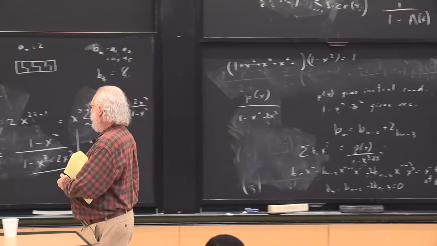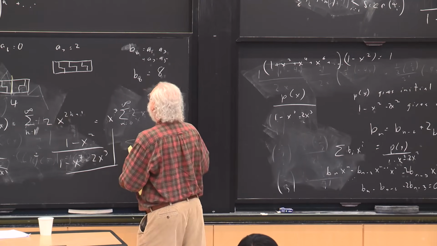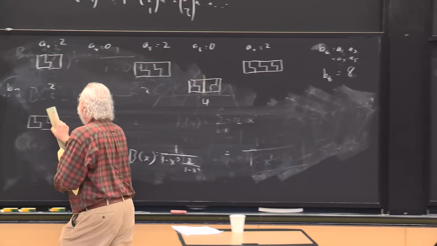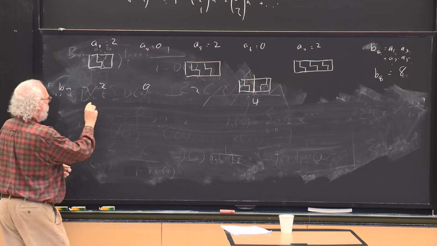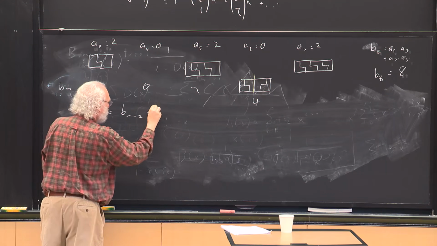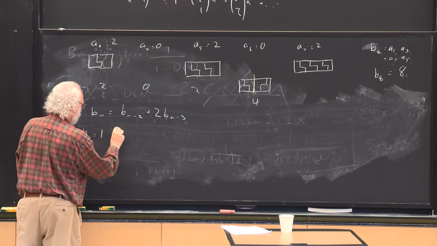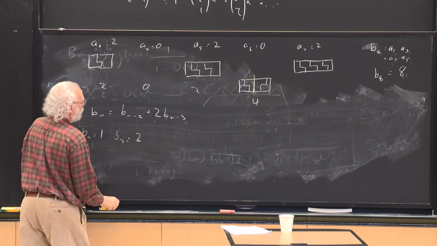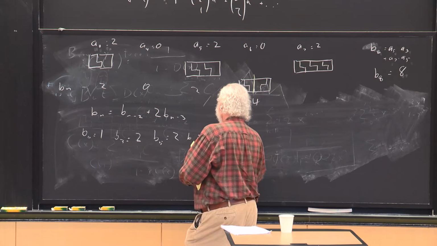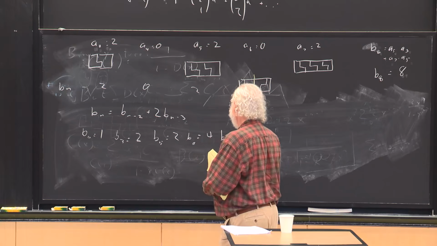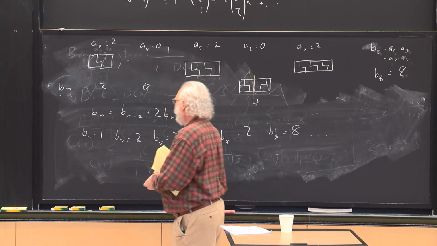Let's go back here. So we have b sub n equals b n minus 2 plus 2 b n minus 3. b0 equals 1, b3 equals 2, b5 equals 2, b6 equals 4, b7 equals 2, b8 equals 8, etc. So let's see if this works.